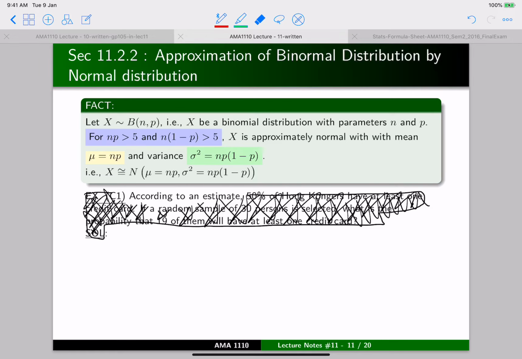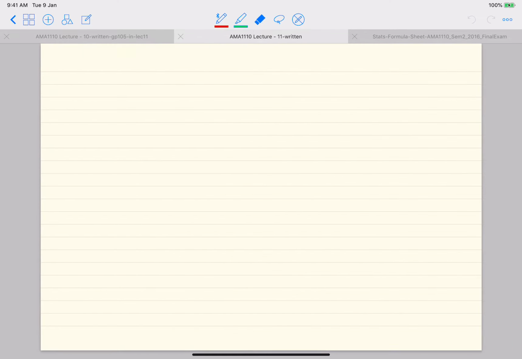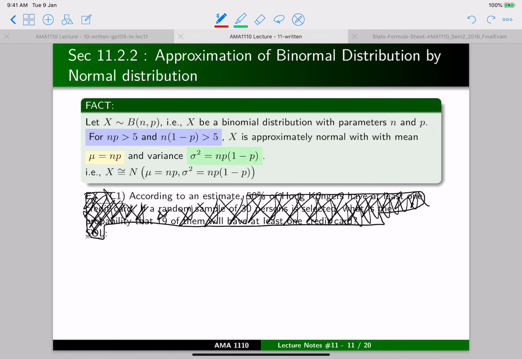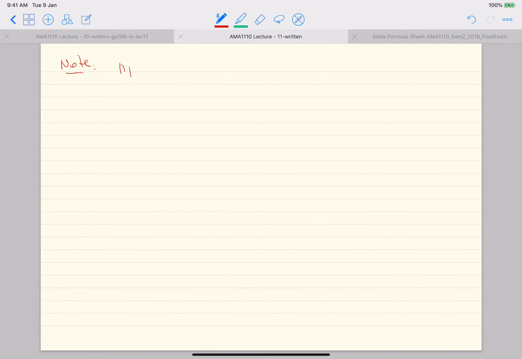Okay, so we can apply it here to our problem. Note first that we need to check these two criteria: n times p and n times 1 minus p greater than 5. Here n times p is 100 times 0.36, which is 36, which is certainly greater than 5.